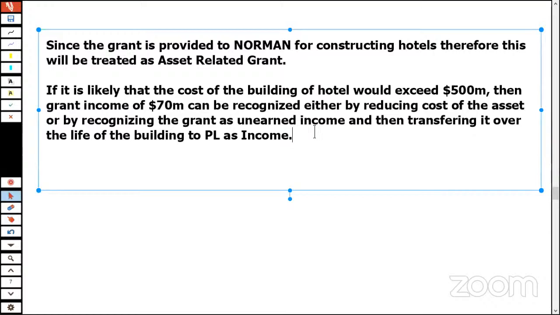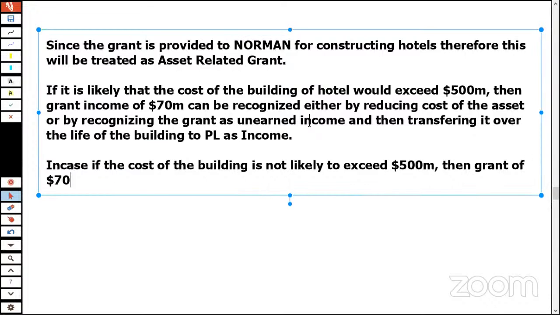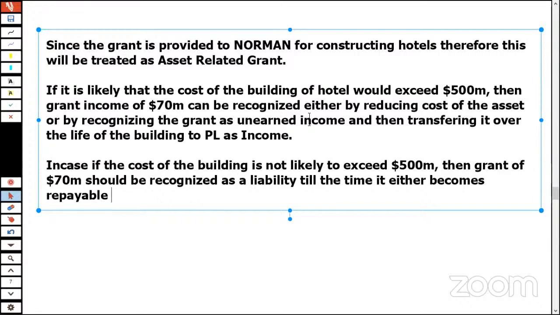So you could simply say, in case the cost of the building is not likely to exceed $500 million, then the grant of $70 million should be recognized as a liability till the time it either becomes repayable or is earned.